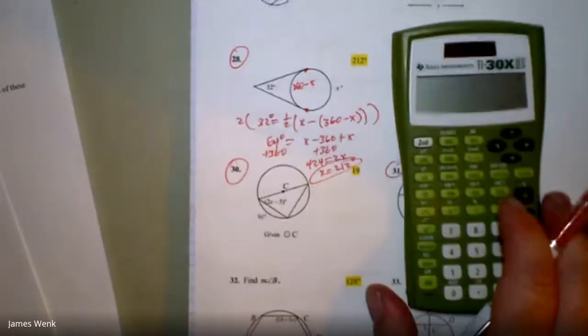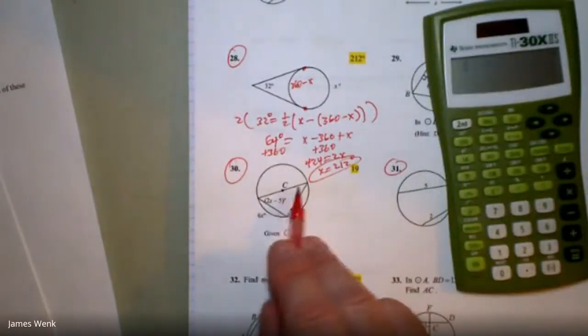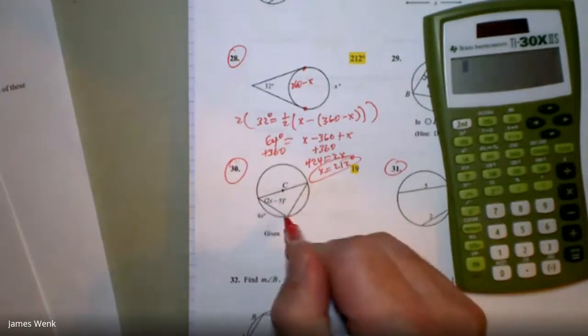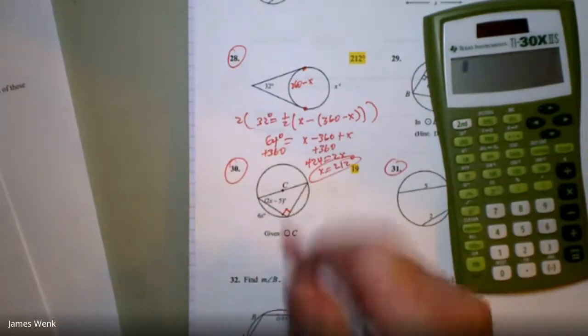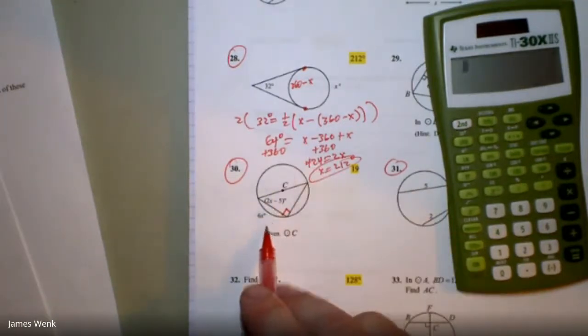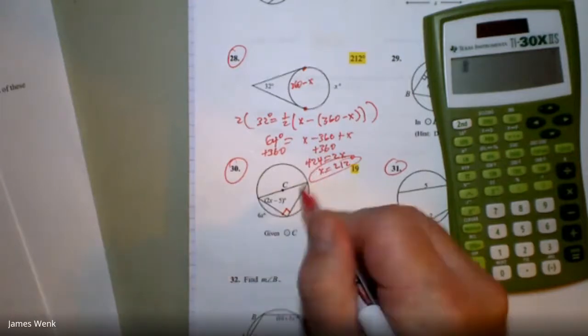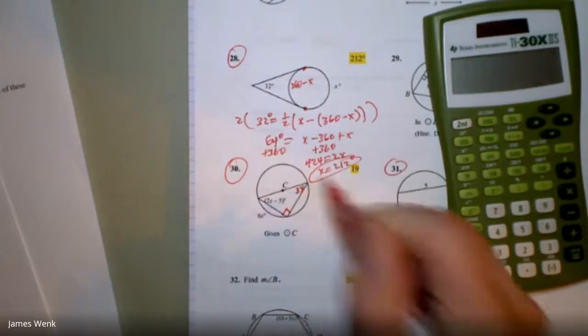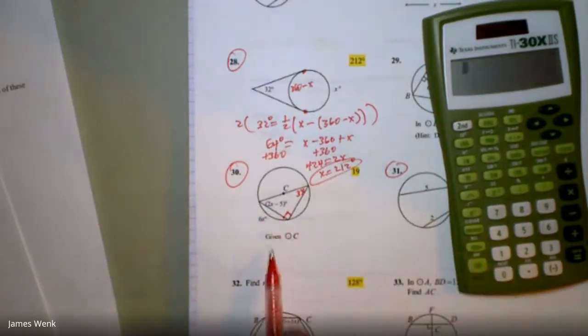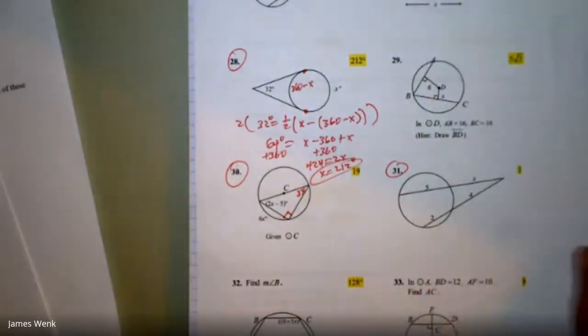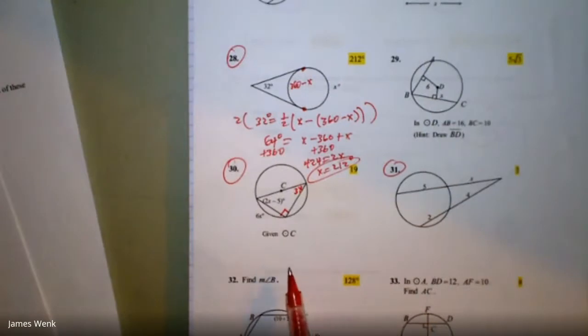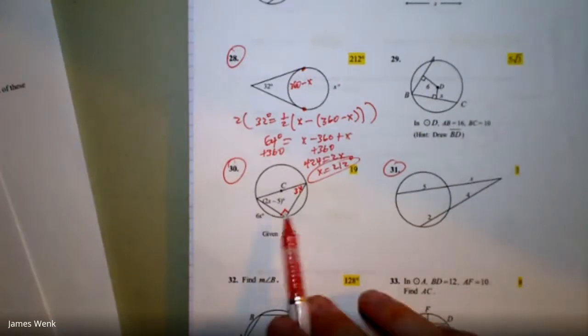All right, this one down here, number 30. This is a diameter, goes through center C, so you know this is going to be a right angle. And, ooh, this arc is 6x. So then this angle would have to be 3x, half of that. So what am I looking for? Oh, I'm looking for what x is.